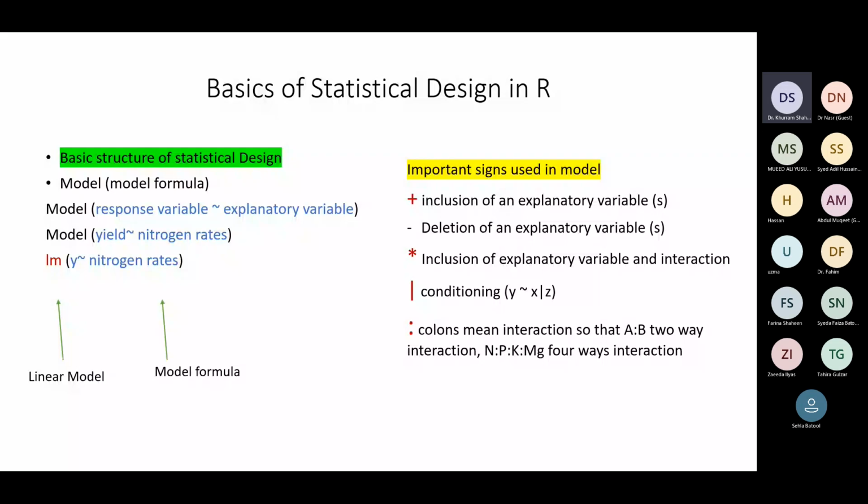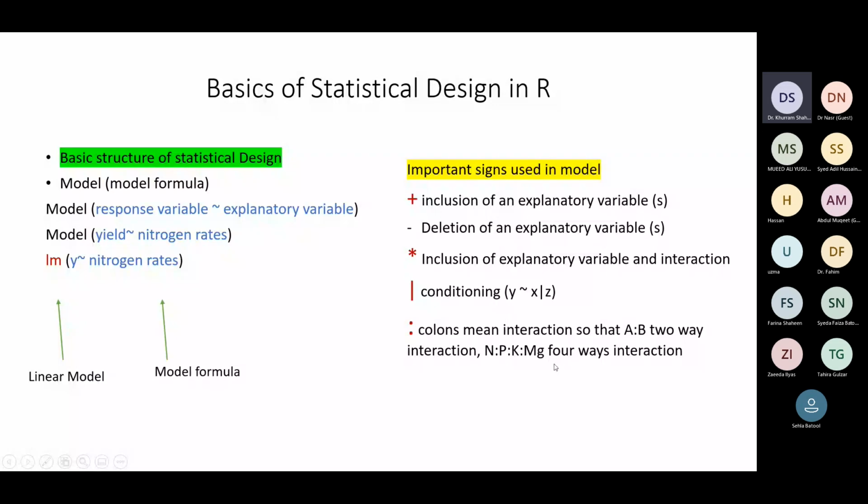Then for conditions, suppose we want yield and nitrogen rate in the first year. We can use this slash for conditioning. We want to see the effects in year 1, year 2, or in the presence of any explanatory variables. Then the colon sign also shows you interactions: A colon B means two-way interaction. If you have four factors like nitrogen, phosphorus, potassium, and magnesium, you can add colon signs among them, and you can see the four-way interaction.